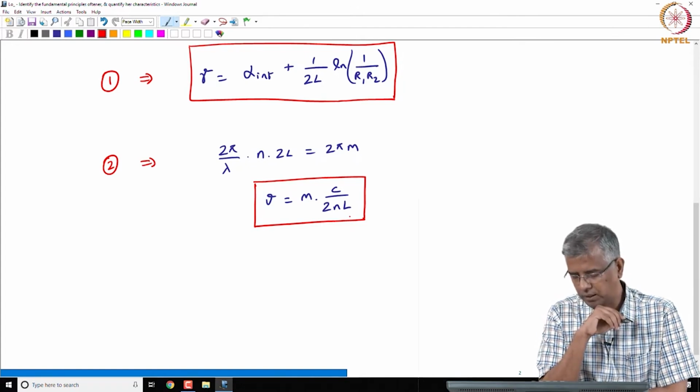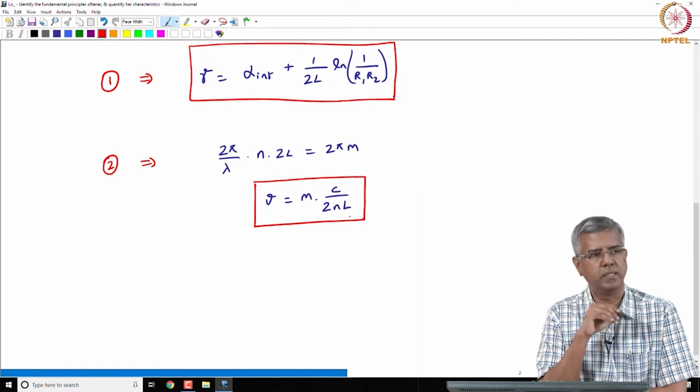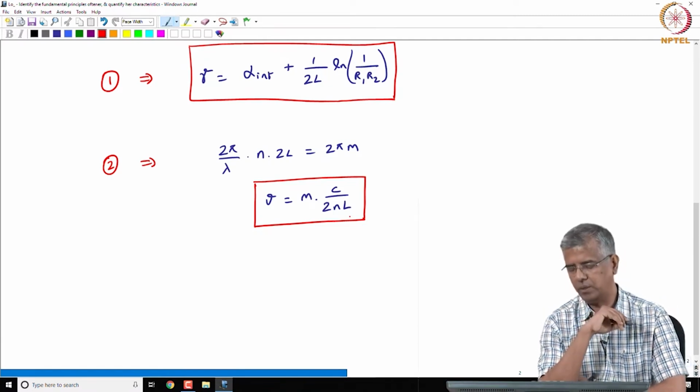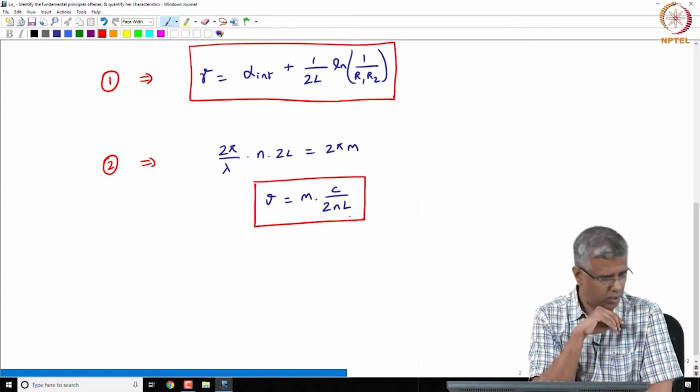These frequencies are given by m into c over 2 n L, where m is an integer. So, only those frequencies survive within the cavity.